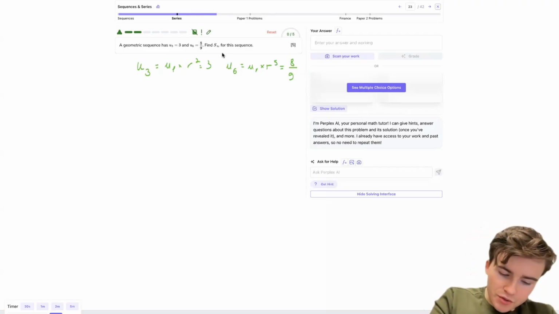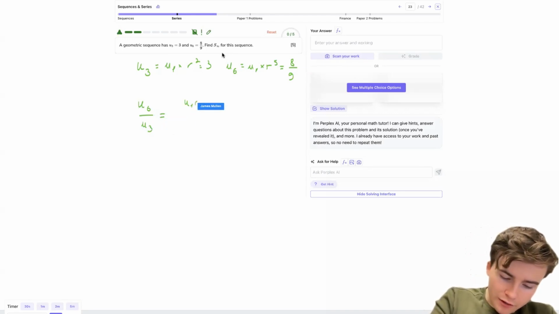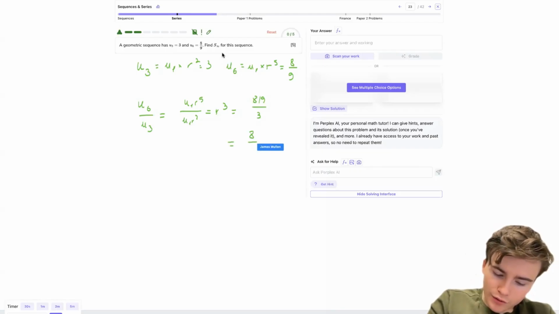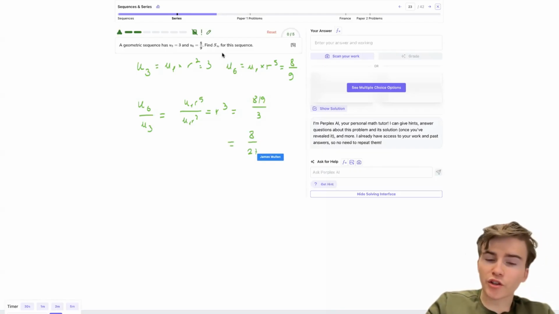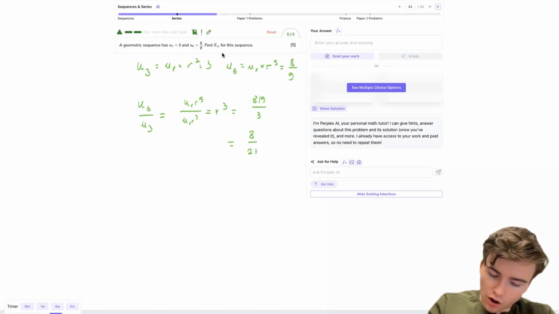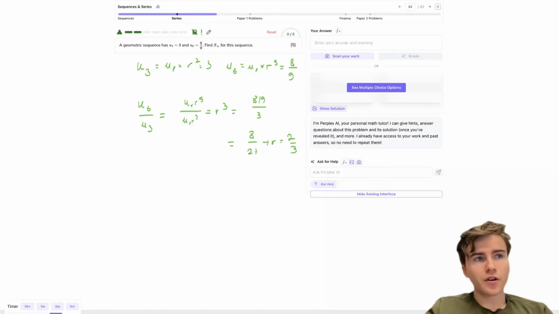So if I do u6 divided by u3, it simplifies to u1 r to the 5 over u1 r squared, which is equal to r cubed. And it should also be equal to 8 over 9 over 3, or in other words, 8 over 27. Now, taking the cube root of both sides, 8 is 2 cubed and 27 is 3 cubed. So r is 2 over 3. Is that good so far?